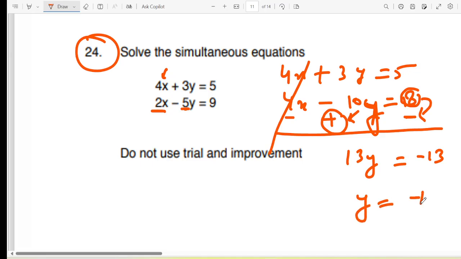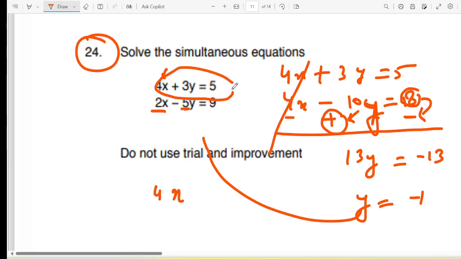So y becomes negative 1, right? If I divide both sides by 13. So y is negative 1. If I plug it into any of the equations, for example 4x plus 3 times negative 1 equals 5.